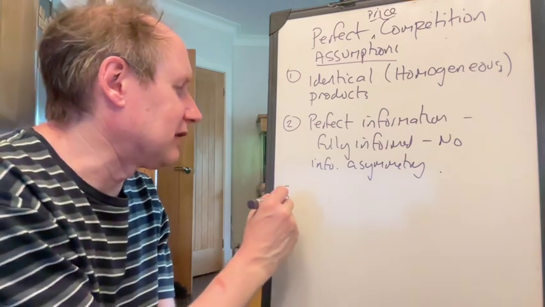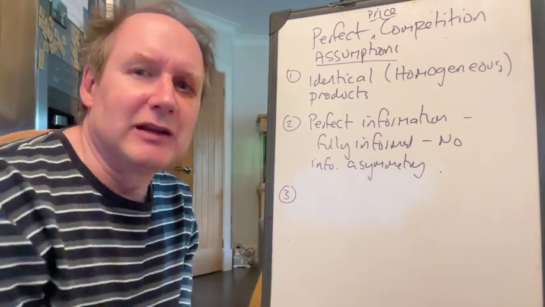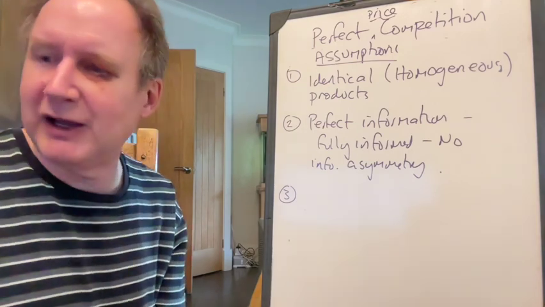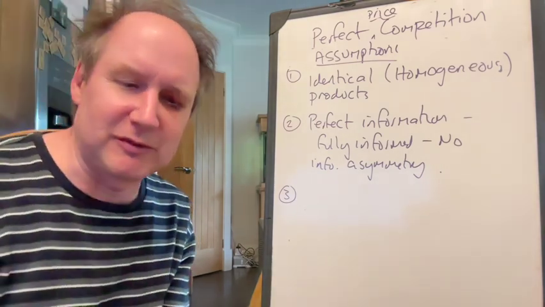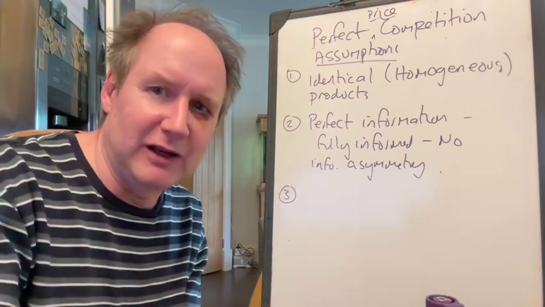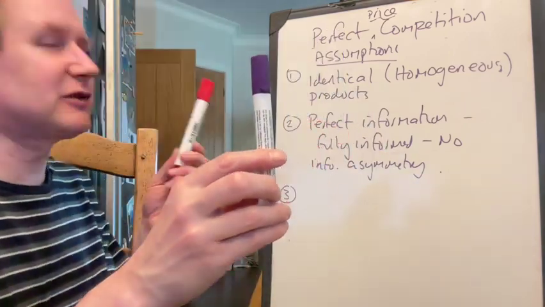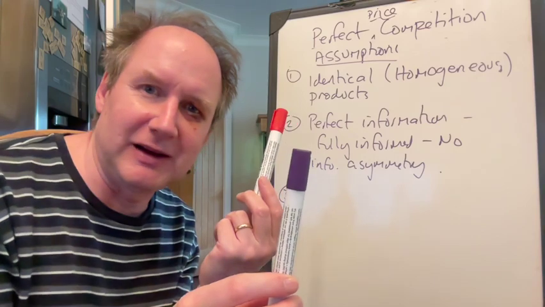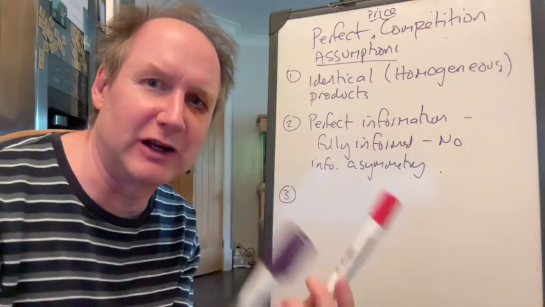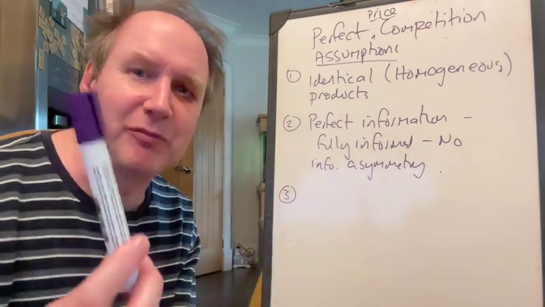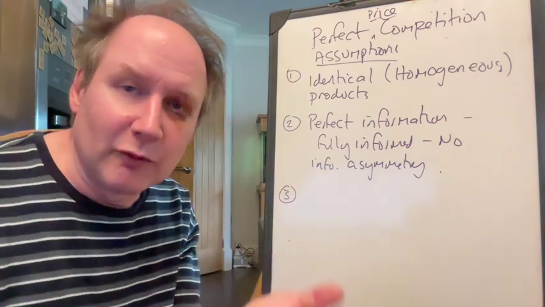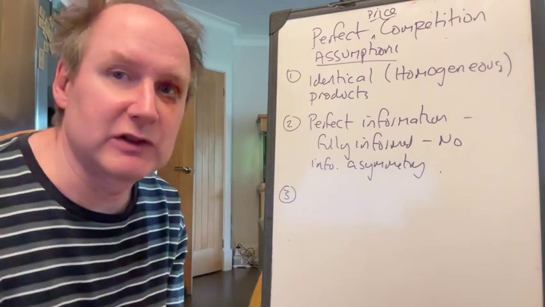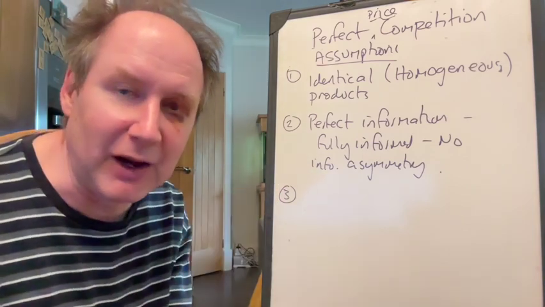So the third thing is, maybe, if I could buy this marker pen here, and this one was down the road, about 100 yards away, I'm very lazy. I'm just going to buy the one that's here. So we need it to be convenient. It's got to be convenient to be able to buy the cheapest.